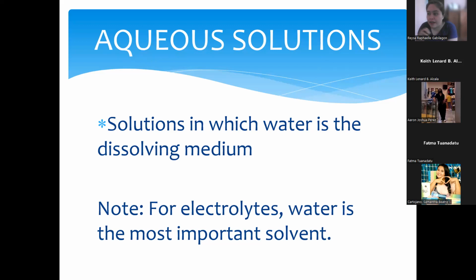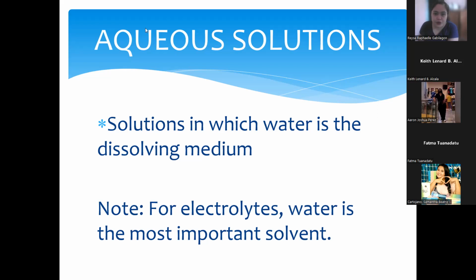Okay? So pag si sodium chloride dinisolve mo sa water, you will have a salt solution, but we can classify it as aqueous solution. So lahat ng solutions na water ang solvent, again, we call it aqueous solution.